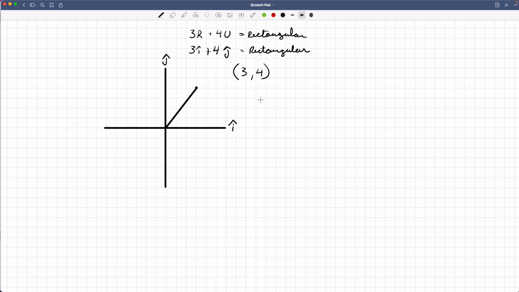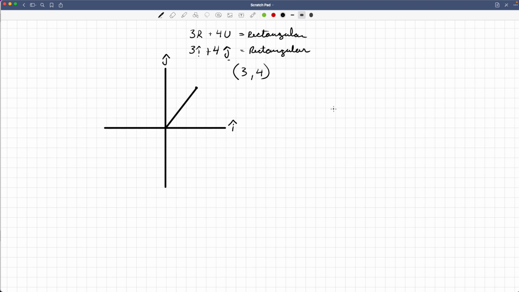So the thing is, when we start typing in these answers in rectangular format, we don't have a symbol for hooded I or hooded J in Jupyter system. So I am going to request that you write it like this, like it's a point. When we ask for the rectangular version, you write it like that.